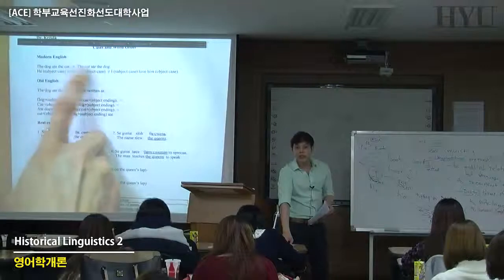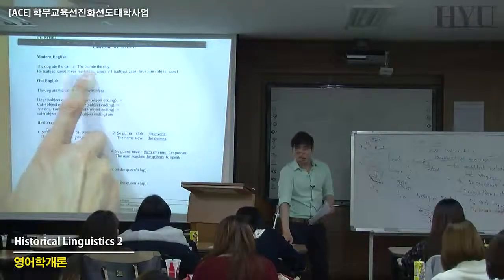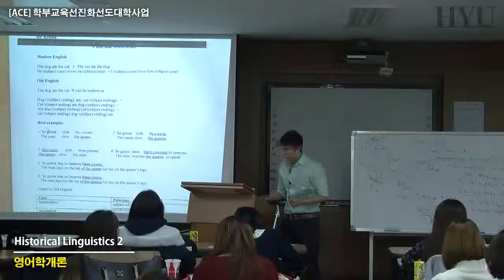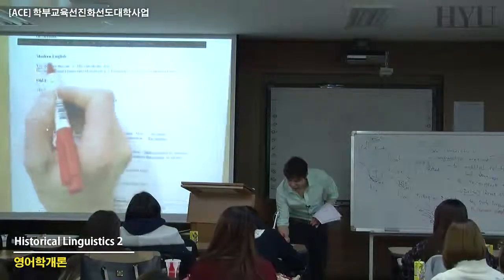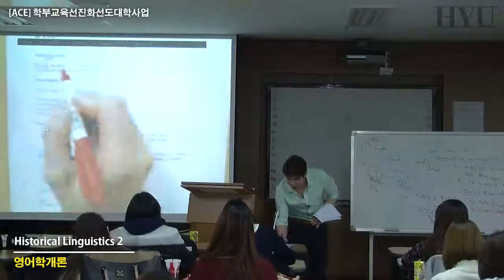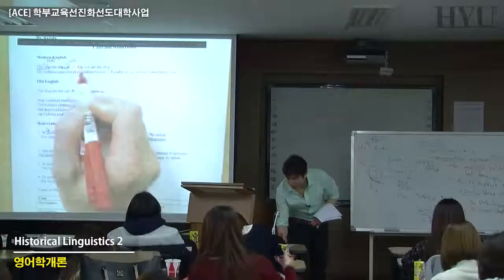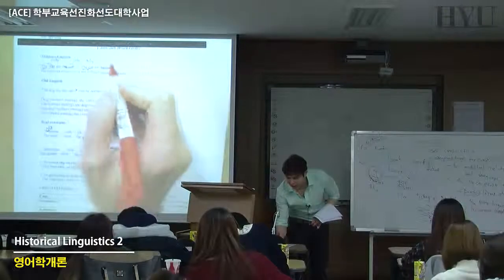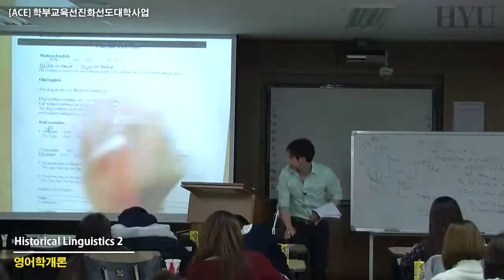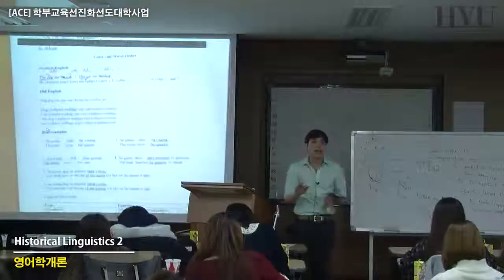But they look the same, right? They look the same despite the different cases that they are in. Like the dog here is the subject case, the cat is the object. But the cat in the second one is in the subject, the dog is in the object case. But they look exactly the same.